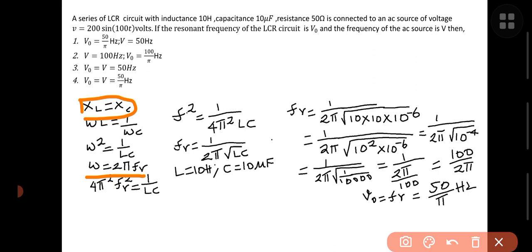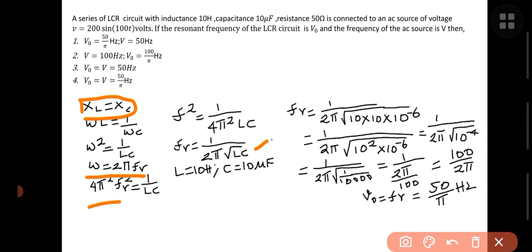Substituting, we get 4 pi square Fr square is equal to 1 by LC. So Fr square is 1 by 4 pi square LC. From this, Fr is equal to 1 by 2 pi square root of LC.